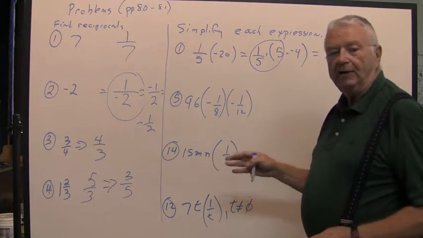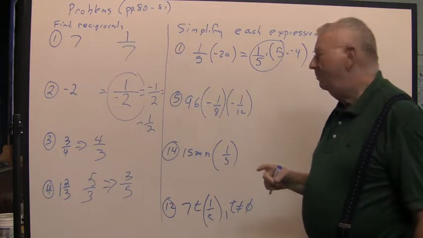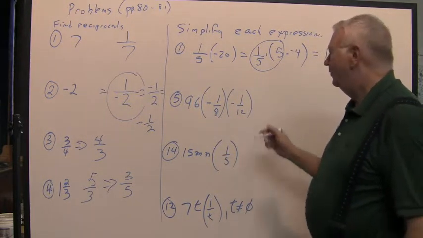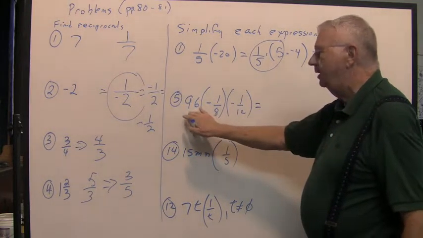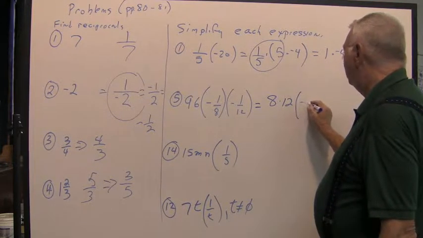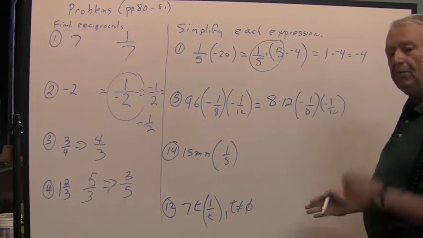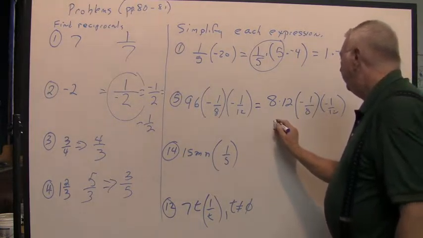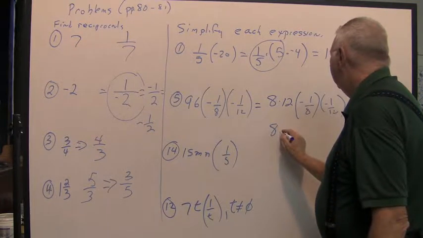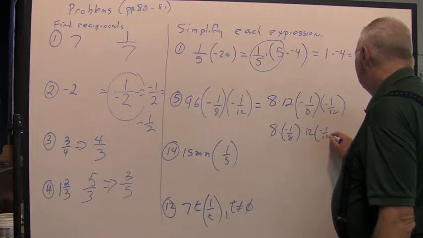Now the next one here is number 5 in your text, and it has 96 times -1/8 times -1/12. And being a textbook question, it almost says it probably: 8 times 12 is going to be 96, and it is true. So what we can do then is take our 96 and have the product 8 times 12 times -1/8 times -1/12. Now by the commutative property, we can have 8 times -1/8 times 12 times -1/12.